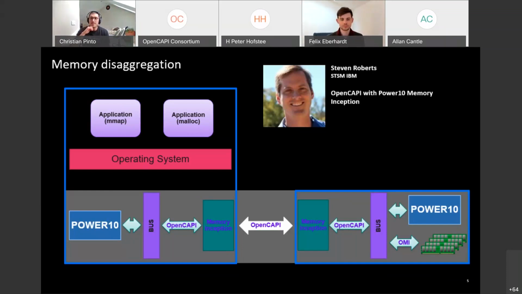And Stephen will present us commercial adoption of memory disaggregation. So basically, the upcoming Power 10 CPUs will be the first CPUs on the market enabling this type of technology, that in the case of Power 10 is called Memory Inception. So Stephen will talk about Memory Inception and some of the use cases behind it.